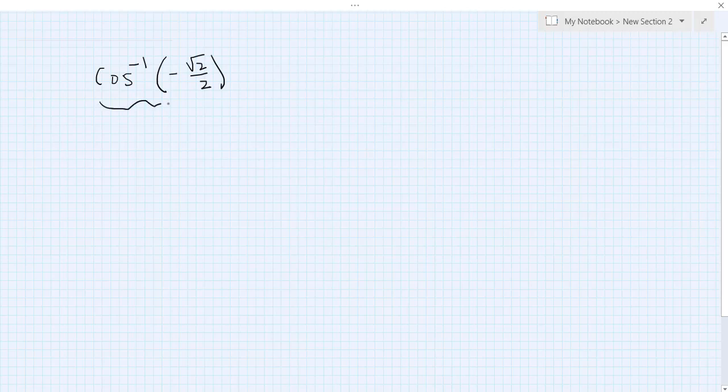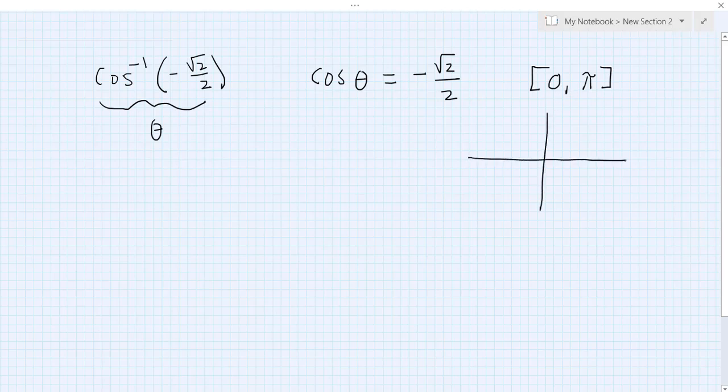So basically, we're looking for cosine of theta equal to negative radical 2 over 2. You have to understand the restriction when you talk about inverse cosine. Whatever you get has to be from 0 to pi, including the endpoints, meaning that the angles are either in the first or second quadrant.